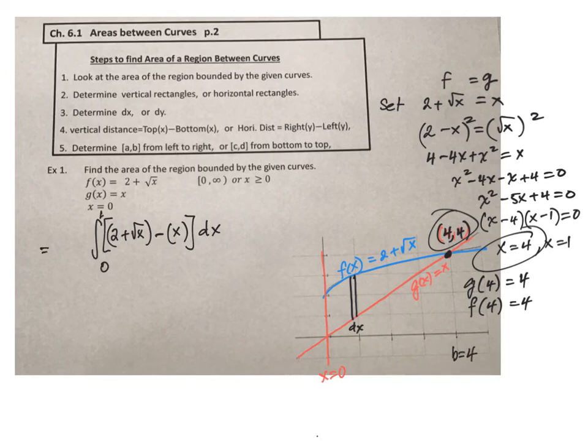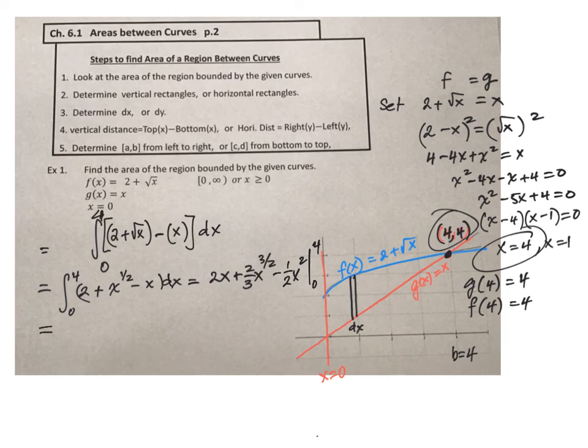So the area bounded by the two curves, top minus bottom, is going to be the integral from 0 to 4 of 2 plus x to the 1/2 minus x, times dx, which is 2x plus 2/3 x to the 3/2 minus 1/2 x squared, going from 0 to 4.